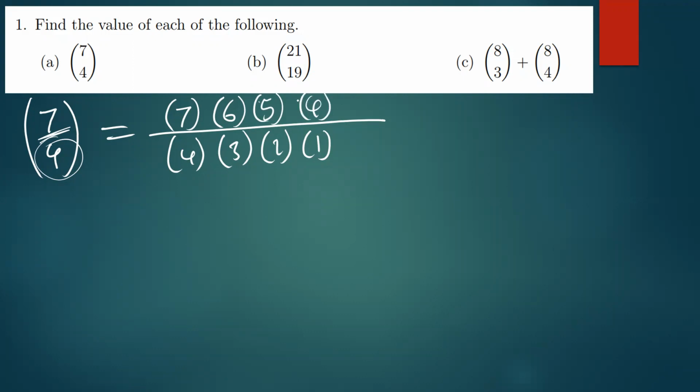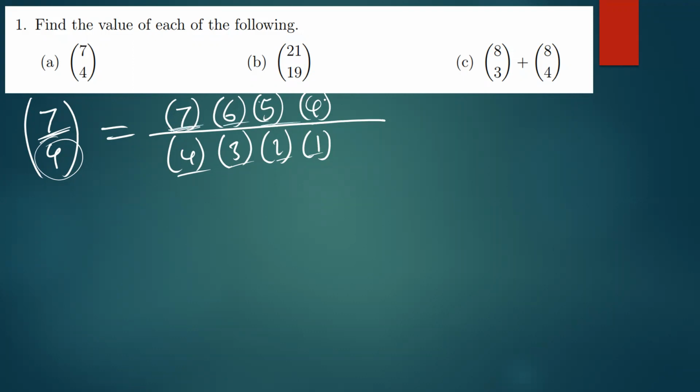And the reason why I'm ending at 4 is because I have to make sure that the number of numbers on the numerator is equal to the number of numbers on the denominator. So the denominator, we have 1, 2, 3, 4 numbers. And even on the numerator, when you start counting from 7 there, we need to have 4 numbers. So we're going to have 1, 2, 3, 4.